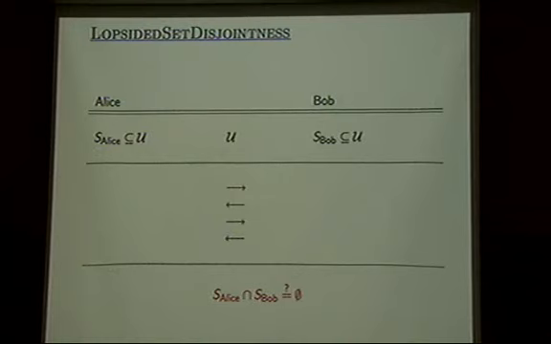So the problem we're looking at is called lopsided set disjointness. Alice and Bob both get a subset of some universe. So think of it as the universe is like a big set of sweets, and both Alice and Bob get some sweets. And they want to know whether they have some sweets in common.